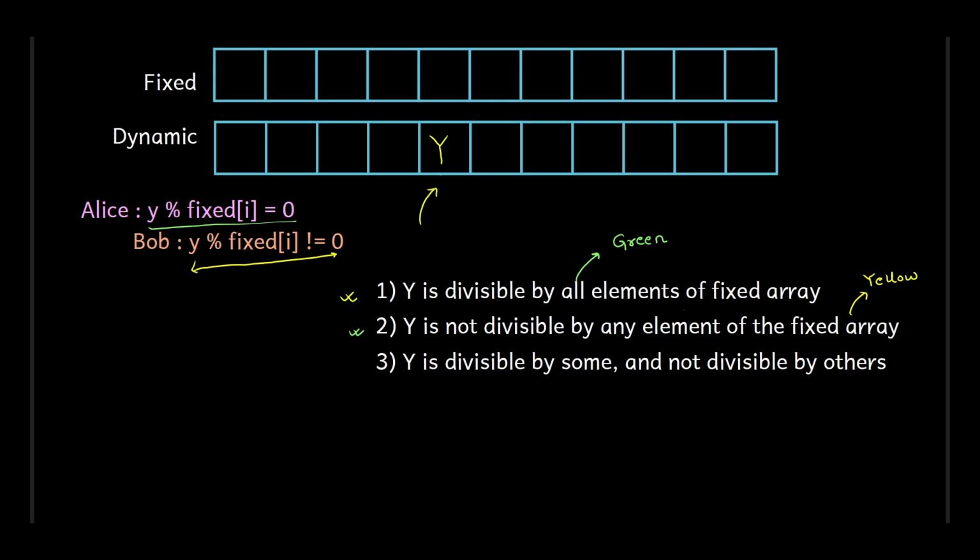And then there are some elements for which they will be divisible by this and this, but not divisible by this or this. Then these are the ones where both Alice as well as Bob will be able to delete them in any of the rounds. Why am I saying in any of the rounds? Because this fixed array is fixed in all of the rounds.